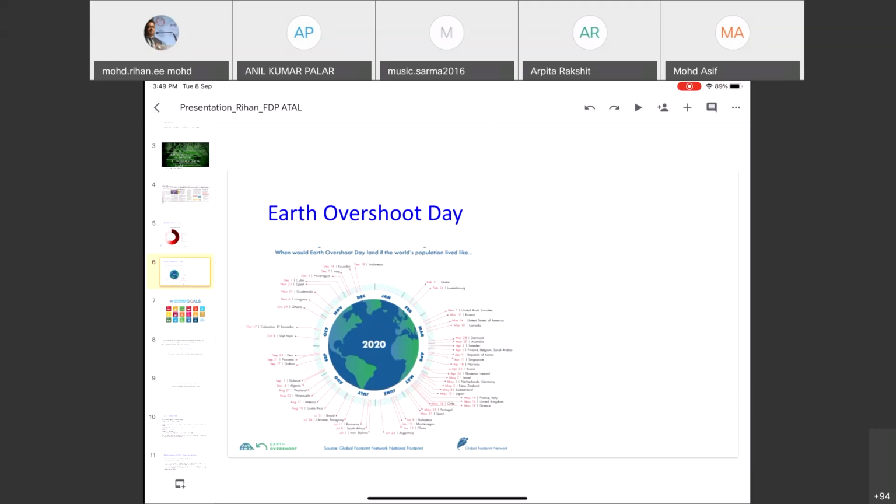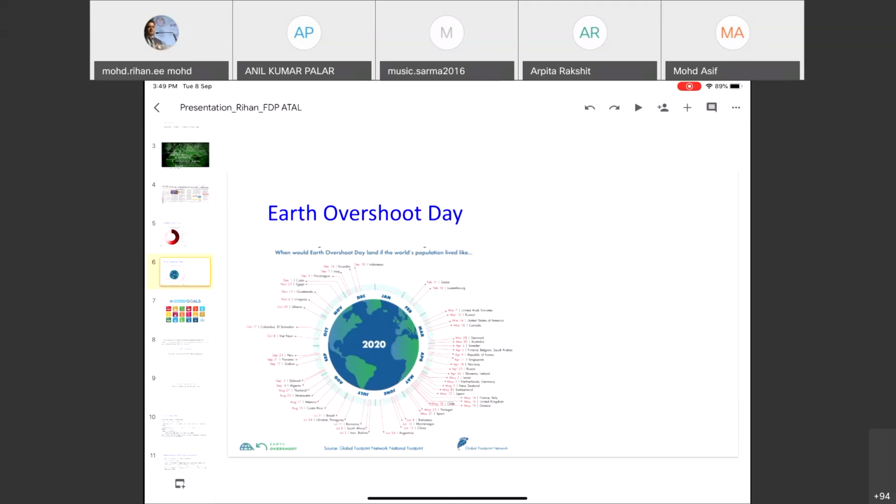So, on the basis of world average, for example, this year 2020, the Earth overshoot day was observed on 22nd August. That means the resources which are there up to 31st December, you have consumed all these resources by 22nd August.